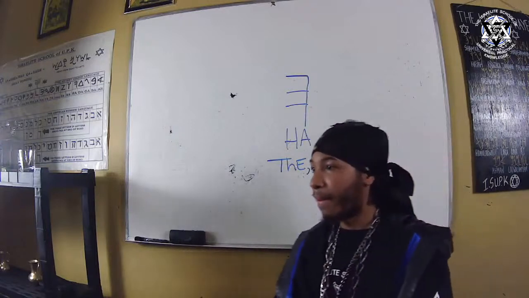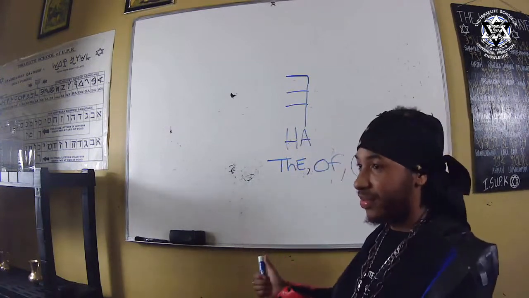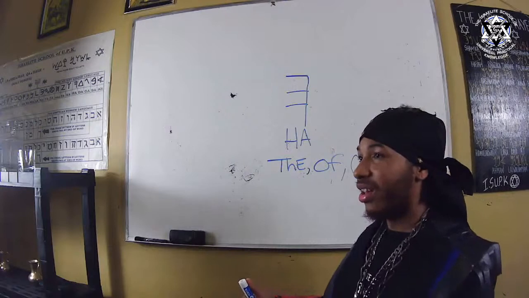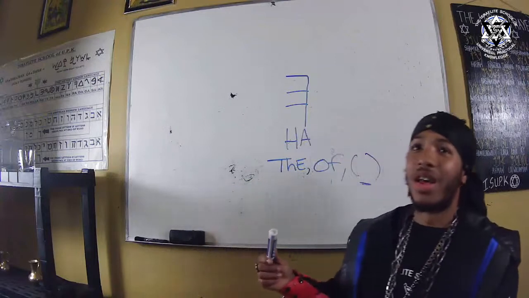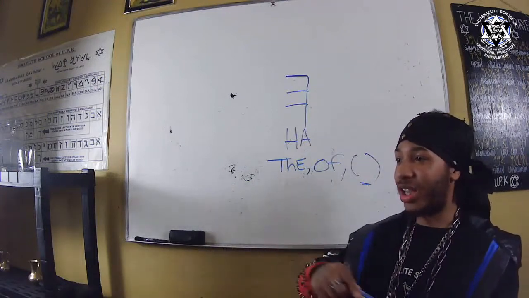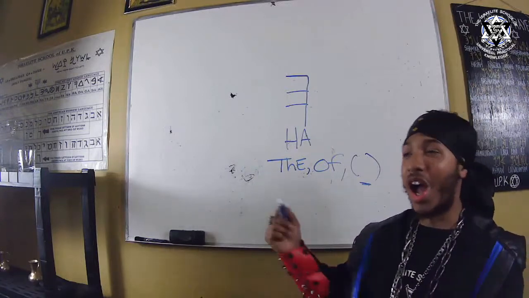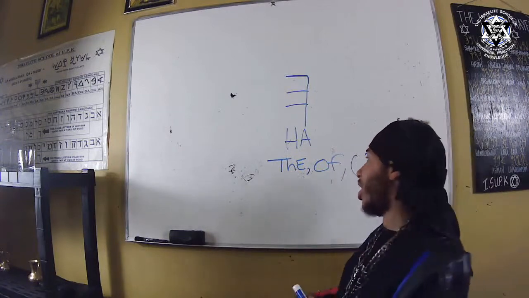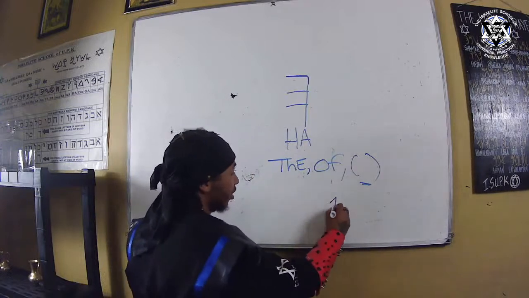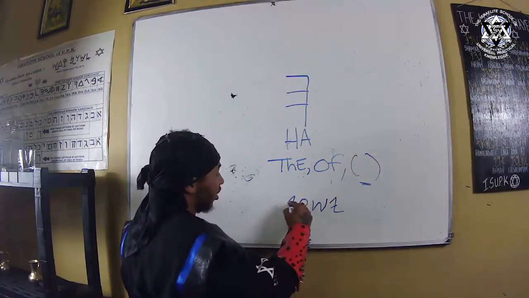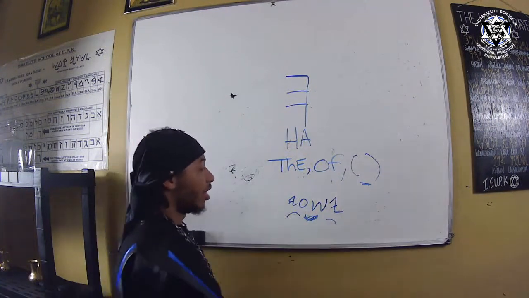Like saying Yashaya, you want to say Ha Yashaya? Yeshaya is a person, right? Yeshaya, which is Isaiah, right?